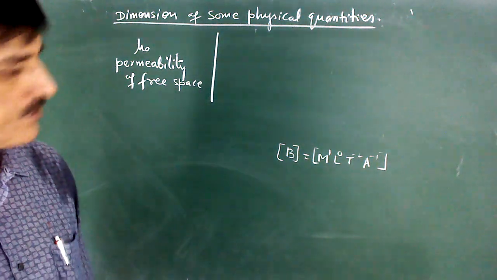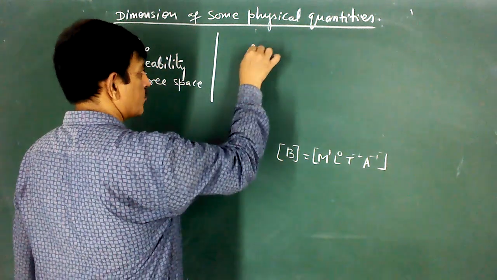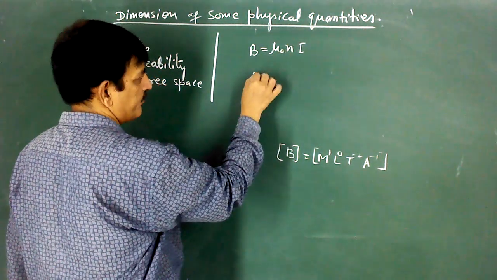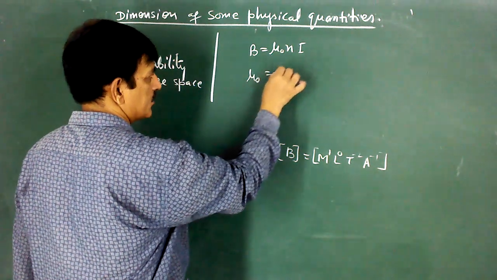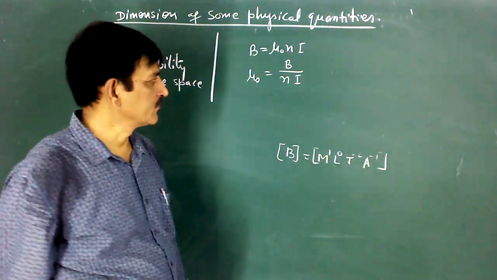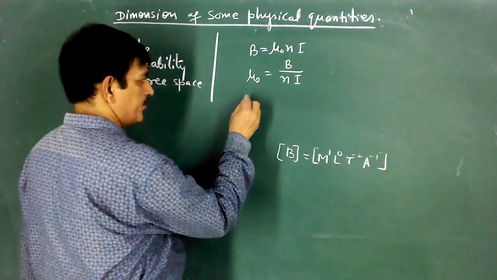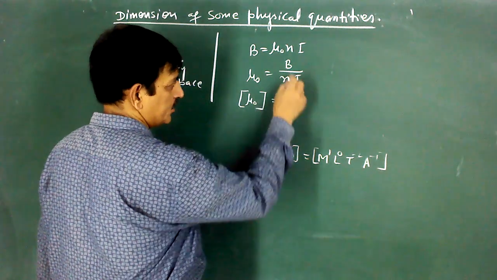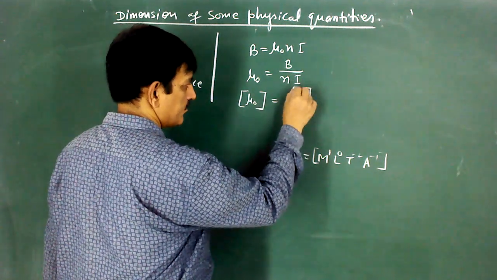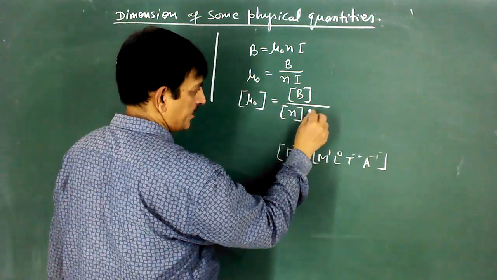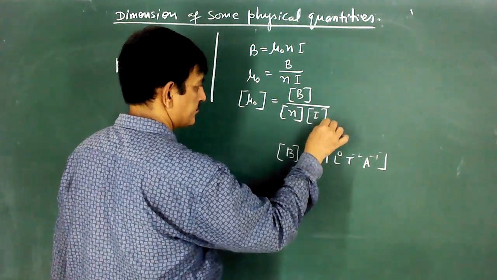As we know that B is equal to mu naught N i, so we can find mu naught is equal to B divided by N i. So dimension of mu naught is equal to dimension of B divided by dimension of N divided by dimension of current I.